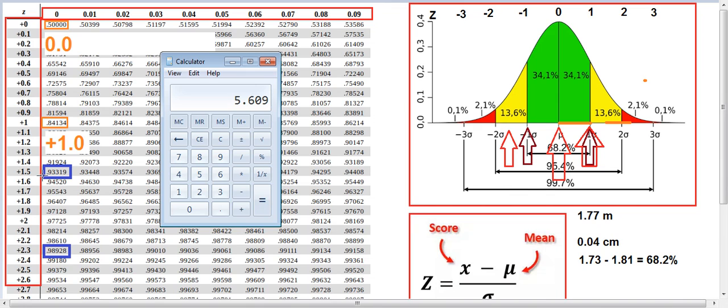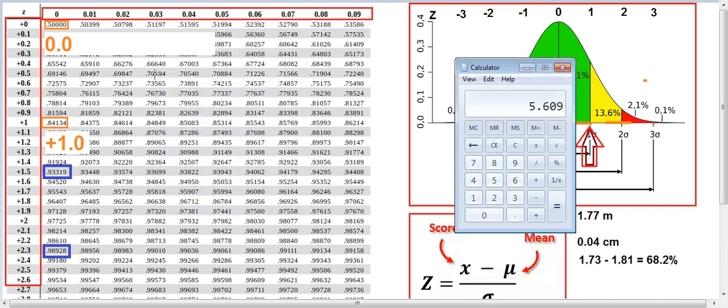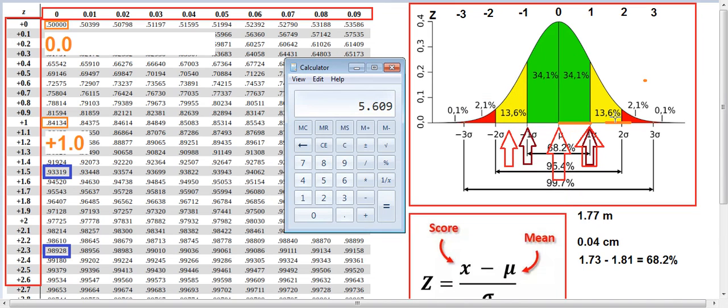Fine. So this is for the standard normal curve. This is about probabilities. The probabilities are written here in the z-scores table, and here is the position on the standard normal curve.